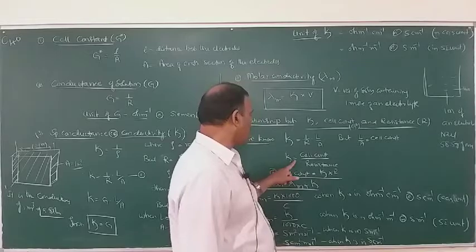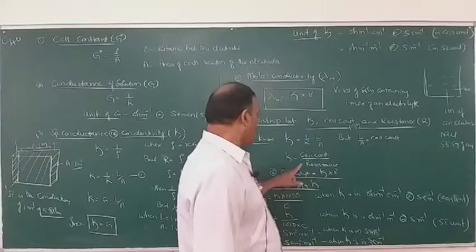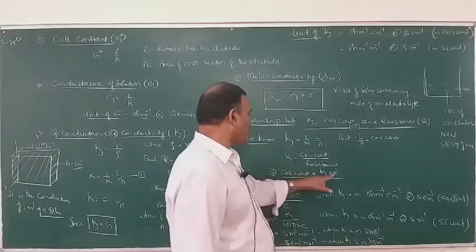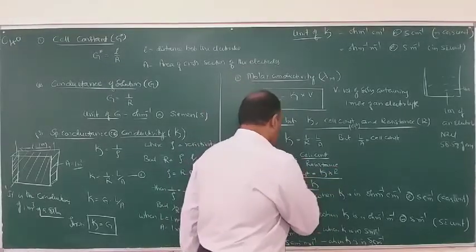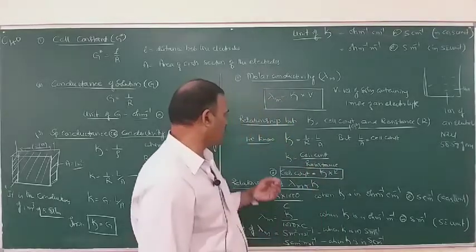Therefore, kappa is equal to cell constant divided by resistance, or cell constant is equal to kappa into resistance. So, these equations are important in working out problems.